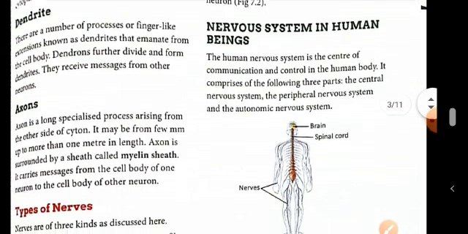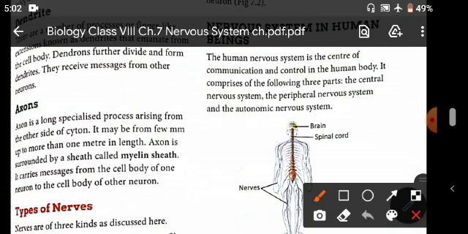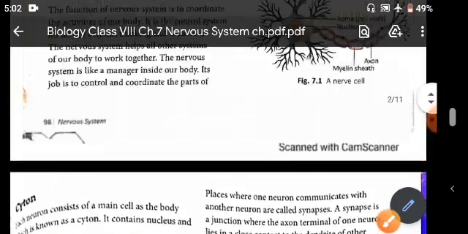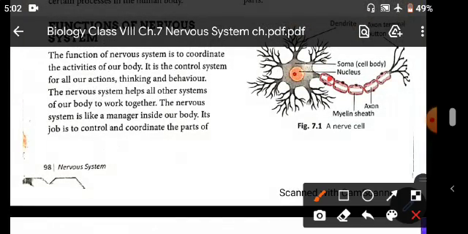Axon is a long specialized process that arises from the other side of cyton. It may be from few millimeter up to more than 1 meter in length. Axon is surrounded by a sheath, and that sheath is called the myelin sheath. Here this is called the myelin sheath.